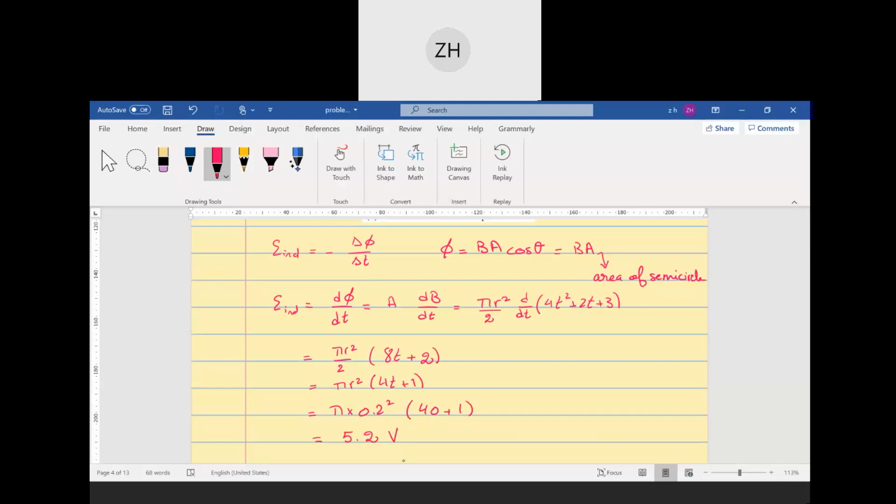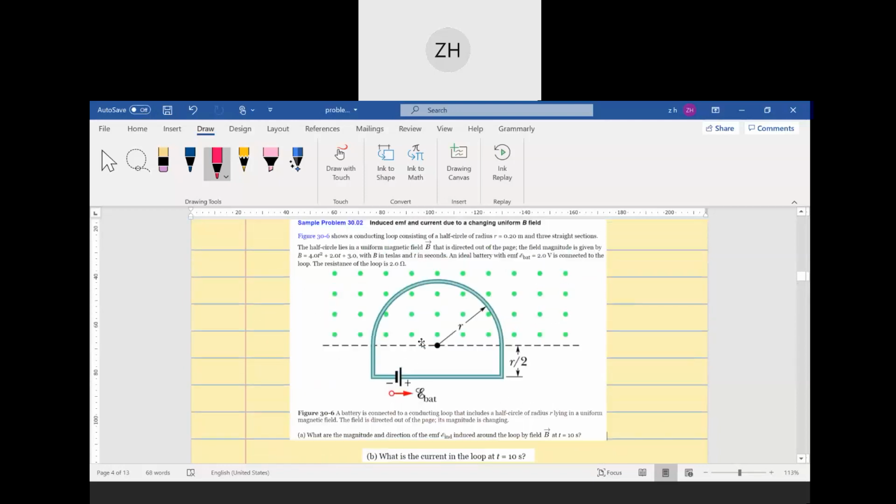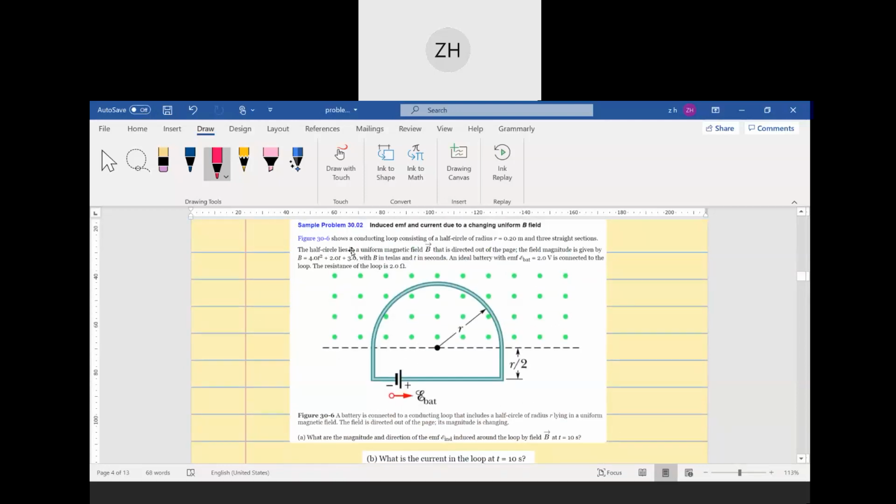This is the magnitude. We're interested in the direction as well. Now, to find the direction of the induced EMF, we look for the direction of the induced current due to the change in the flux. We know by Lenz's law that the induced current is such that it's opposing the change of the flux.